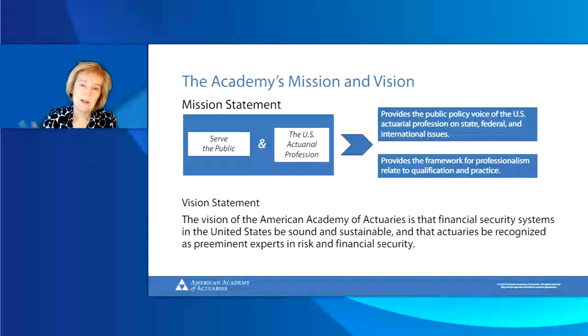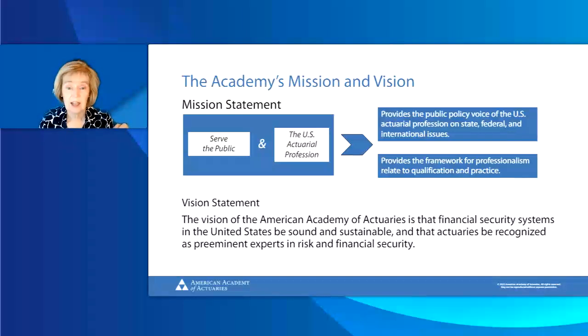So as we start down this path, I wanted to remind you of the Academy's mission and vision statements, which guide our collective efforts as members and professionals. The Academy's mission is to serve the public and the U.S. actuarial profession by providing the public policy voice of the U.S. actuarial profession on state, federal, and international issues, and establishing the framework for professionalism related to qualification and practice.